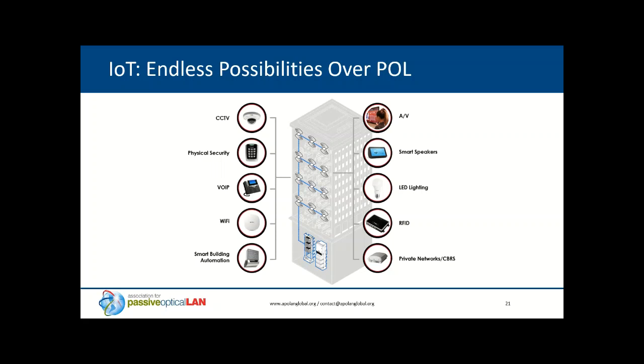Your AV, your audio-visual systems, this can all be run from your passive optical LAN. When we start looking even further outside the box, what we're seeing is private LTE, 5G networks, CBRS, this all having benefit from being utilized through passive optical LAN's technologies.